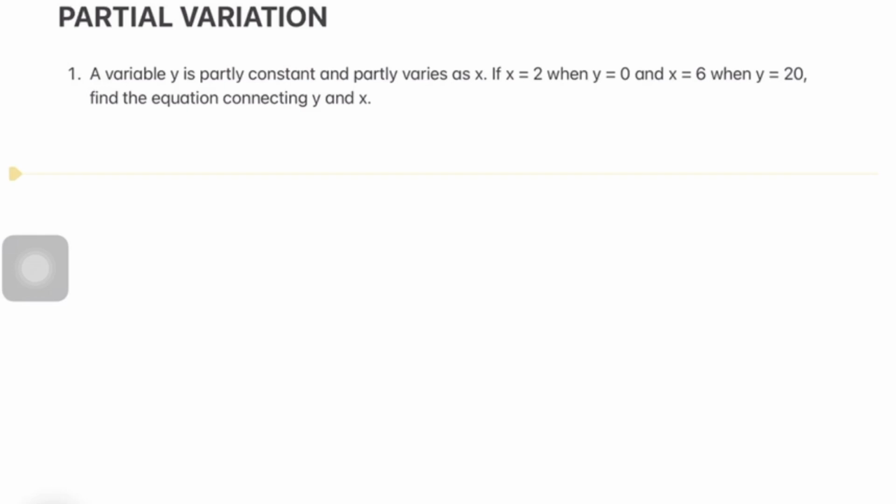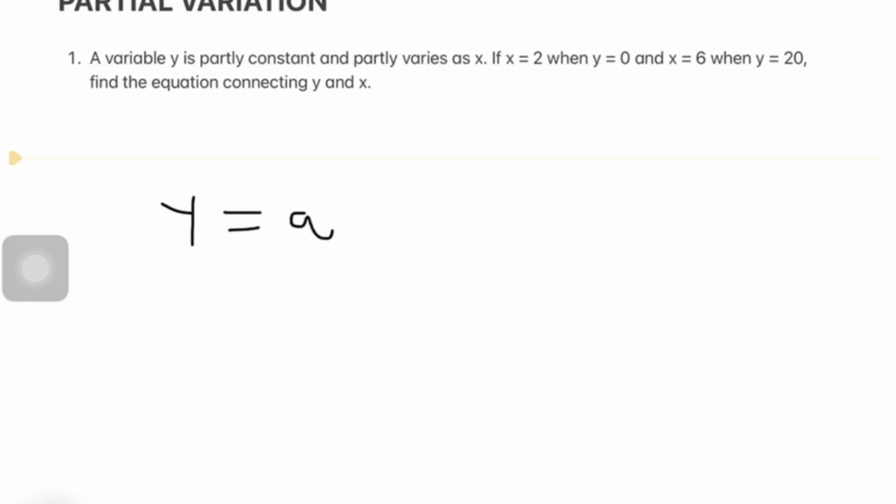As the question reads, a variable y is partly constant, so that is the first term, and partly varies as x, that is direct variation. So from the first statement we form our equation. We have y is equals to partly constant, let's say our constant is a, plus partly varies as x.